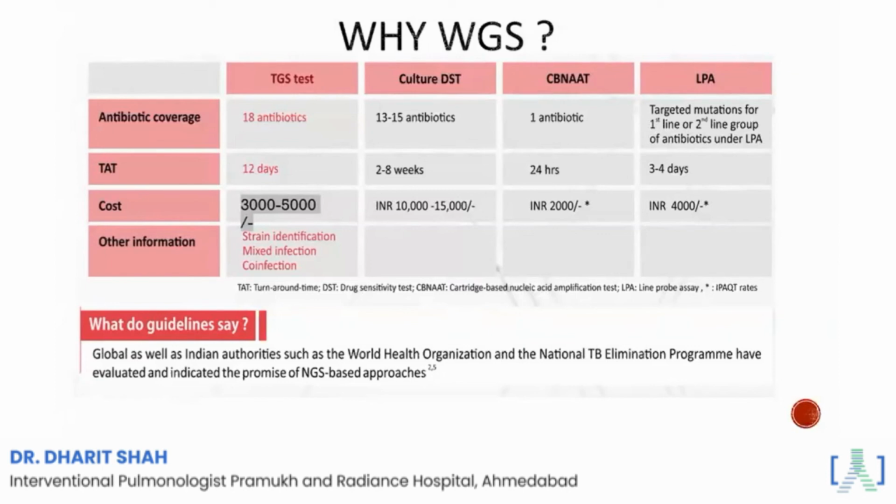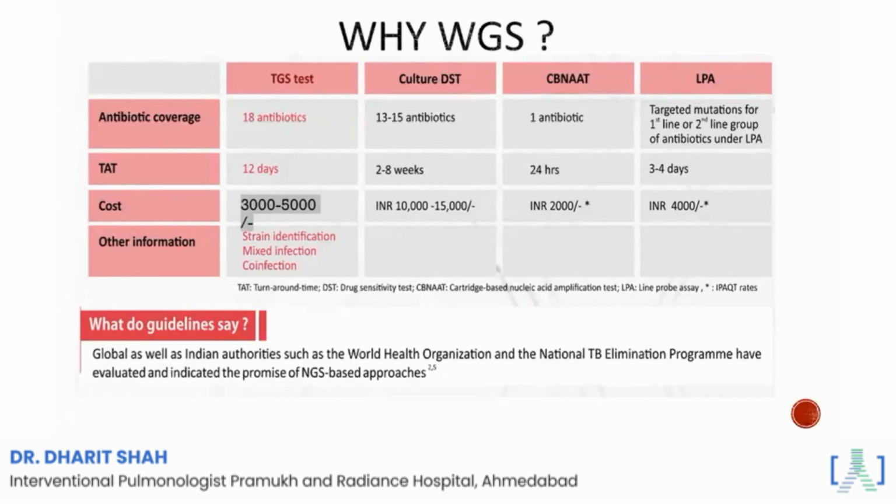We can compare cost-wise also. If you do WGS through Thyrocare, it is 3 to 5,000, but the main cost of WGS is 15,000. The same goes for culture DST. CBNAAT is only 2,000 and LPA is 4,000.